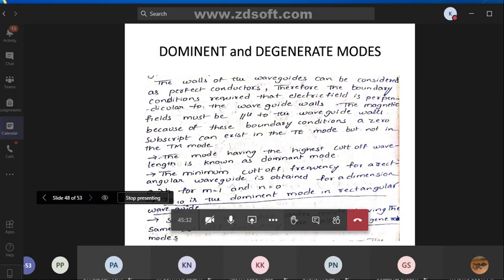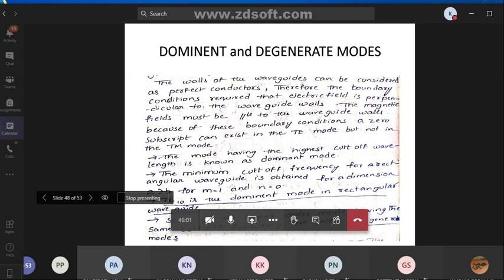Okay. So we will see what is the dominant mode and degenerate modes. Important definitions: dominant mode and degenerate modes. The mode having the highest cutoff wavelength is known as dominant mode. We are having different types of modes, right? TM10, TM01, TM21, TM12, TM11.